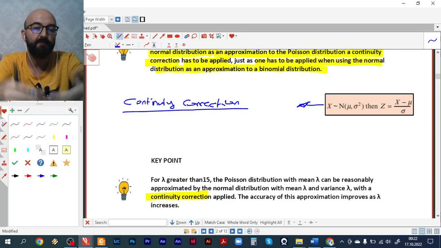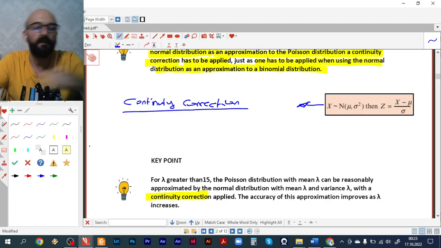And Poisson distribution is a discrete probability, but normal distribution is a continuous probability, so when you want to use normal distribution instead of Poisson distribution, you should make continuity correction. X value converts to z value.